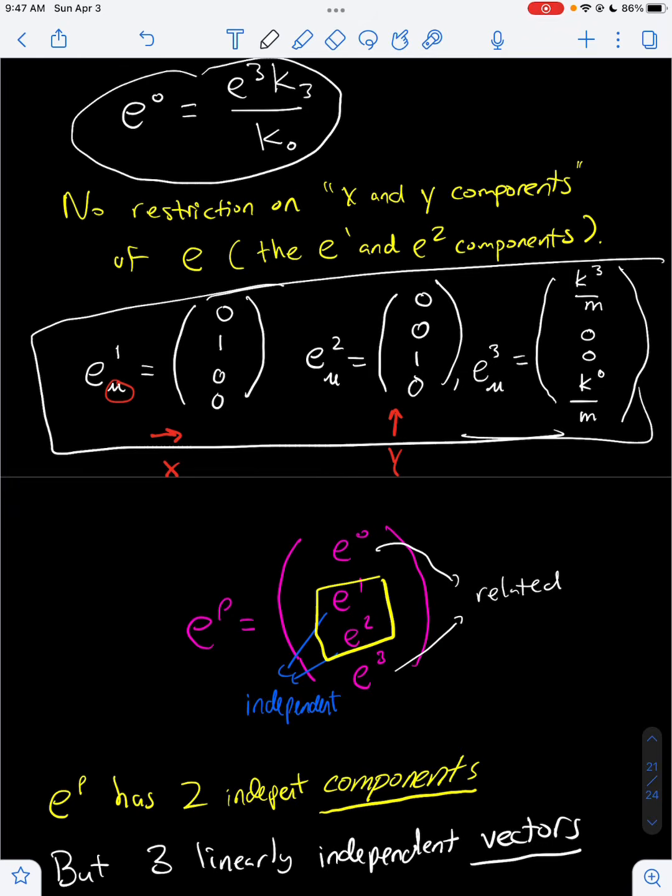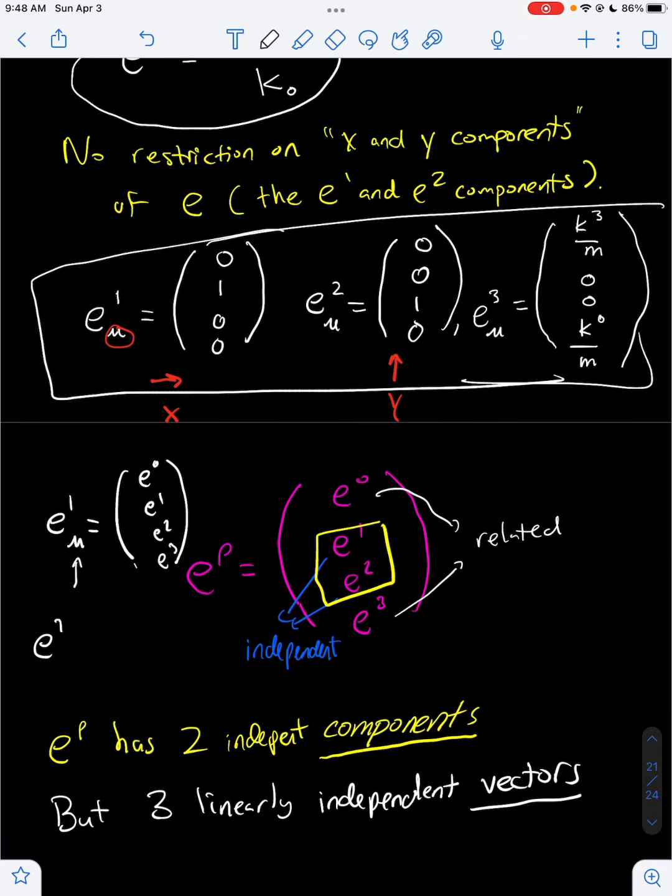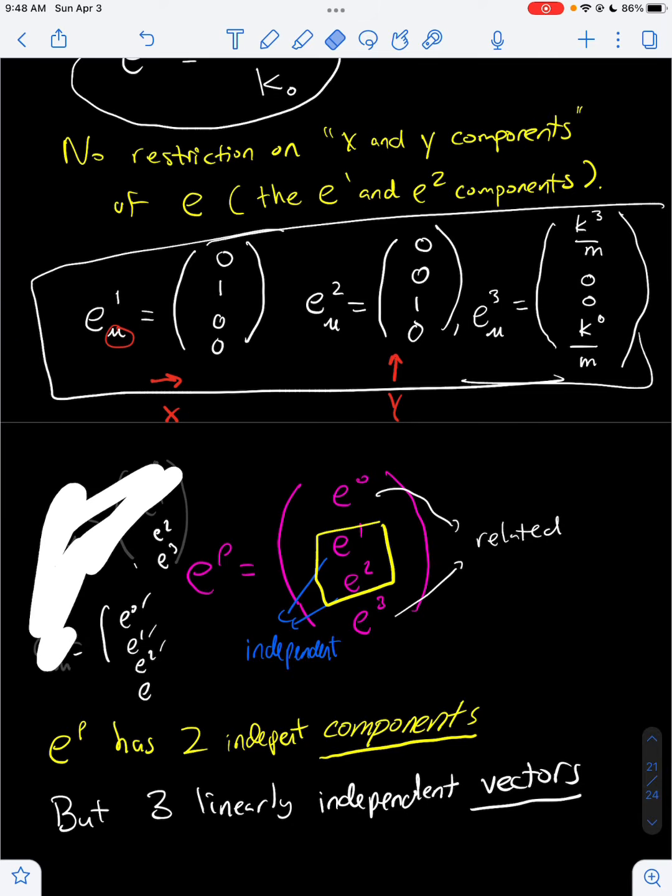For example, E1 mu will contain the components E0, E1, E2, and E3, and this mu just signifies that it's its own vector. Then E2 mu can be E0 prime, E1 prime, E2 prime, E3 prime, and so on. So I put this mu so you don't confuse this as a single component. It's really just for notation.